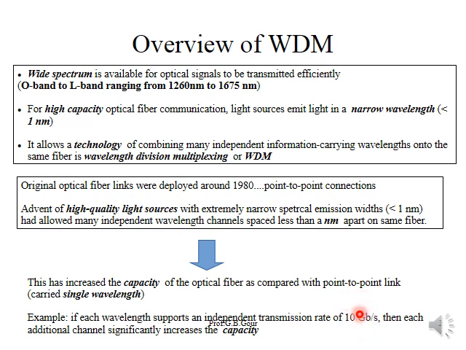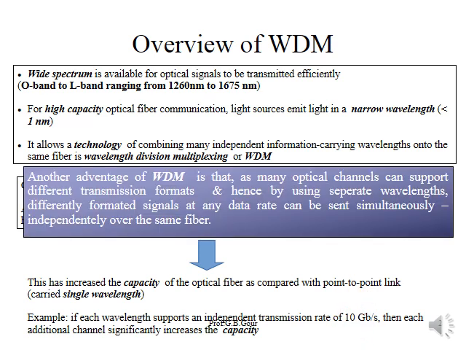That is another advantage. Its main feature is that each wavelength supports differently formatted data. For example, wavelength 1 may carry music, wavelength 2 may carry speech, wavelength 3 may carry data, and so on up to n wavelengths.